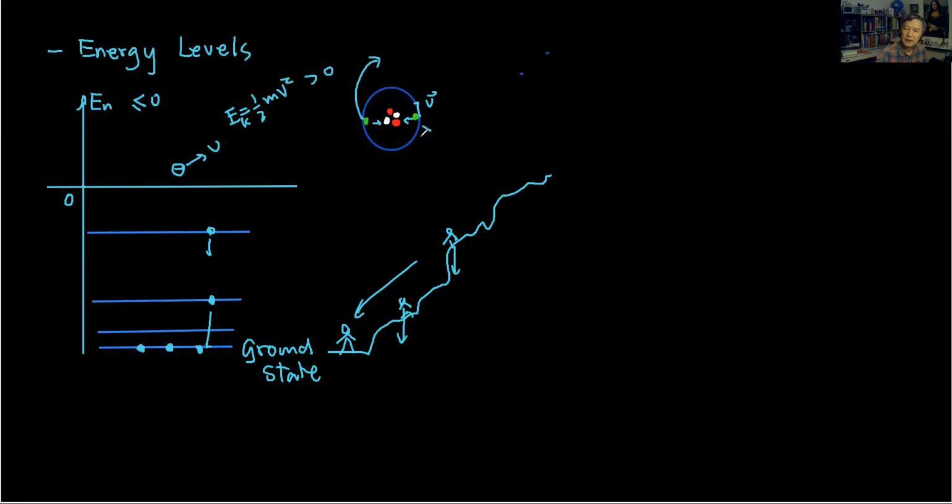So in the case of the atom, it is the electrostatic force that keeps them in the innermost orbit. The ground state is called the innermost orbit, or you can call it the shell.